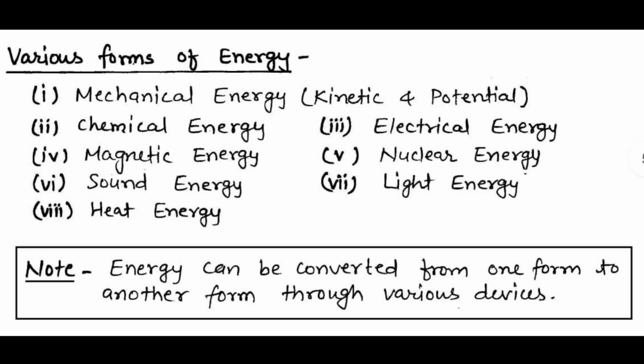All these are various forms of energy. And most importantly, energy can be converted from one form to another through various devices. There is neither new creation nor destruction of energy. Energy simply converts from one form to another.